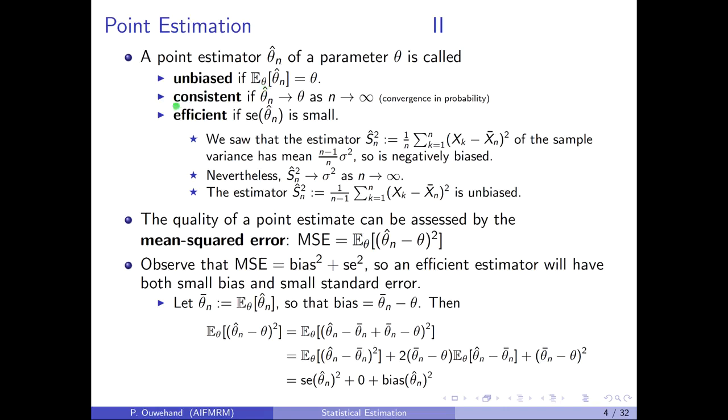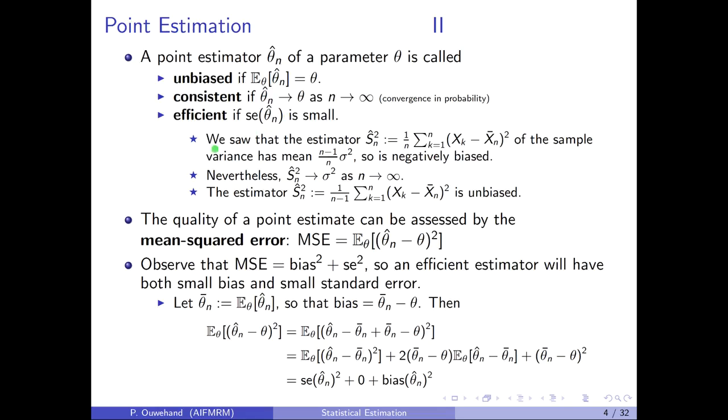An estimator is said to be consistent if theta hat n approaches theta as n goes to infinity, in other words, as the sample size increases. This can be the case even for biased estimators, as we'll see in a minute. And a point estimator is called efficient if its standard error is small, in other words, if the standard deviation of the estimator considered as a random variable is small, which means it's concentrated near a point.